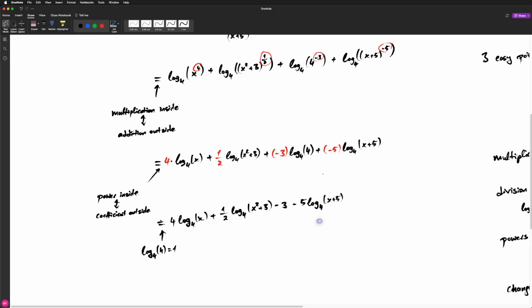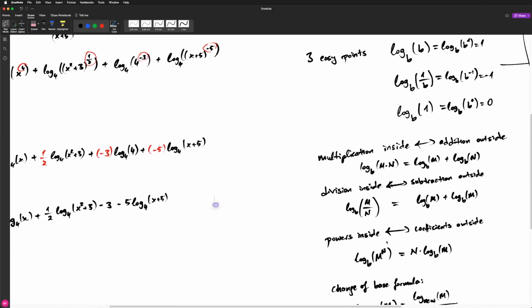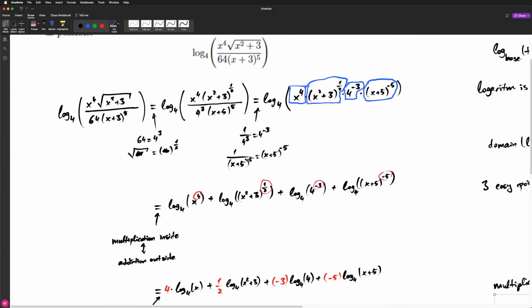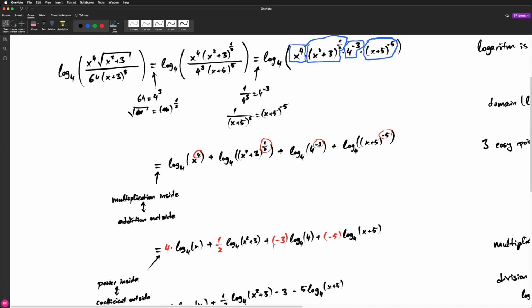Okay. Now, I didn't use this rule, division inside is subtraction outside. You can use that one, then you won't have to deal with negative 3 and negative 5 as exponents. But then you have to be a little careful. Like, you got to put minuses in front of the terms.